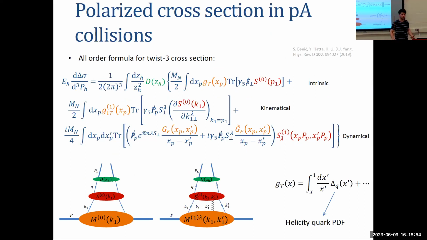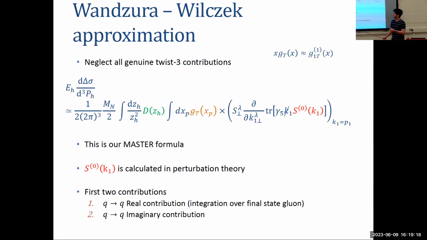First, what we need to do is write down a full polarized cross section. This formula is written up to twist 3, which means we consider only these diagrams. And okay, I am out of time, so what we did, we considered one approximation.